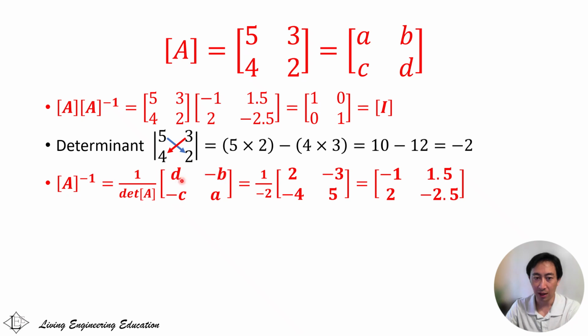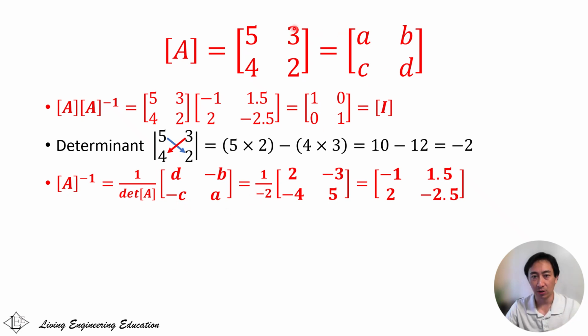So A and D swap places, right? The left diagonal is swapped. And then for the other cross diagonal, the signs change. So B changes to -B, C changes to -C. Don't worry about why this is the rule. Just know that this is the rule, and we apply it, okay?